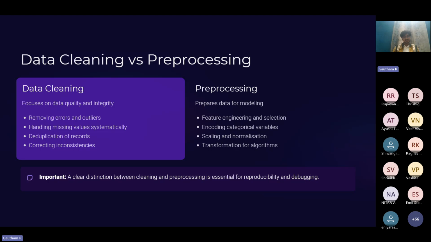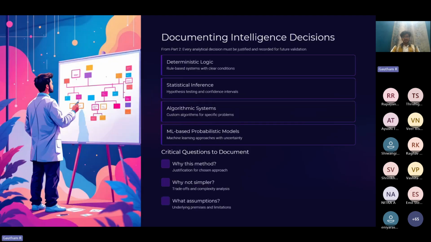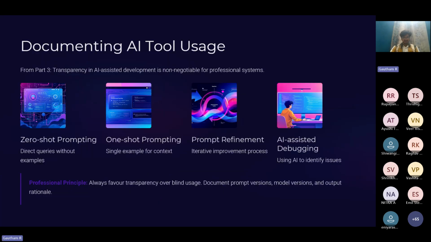And data cleaning is to ensure that the data that we have is of good quality and has high integrity. So these are the things that we are going to ensure when we are doing data cleaning. This is data pre-processing. So this one is for ensuring reproducibility and one is for debugging. So yes, we saw this, and then like we were speaking about prompting, Sriniketan was saying about all these things.